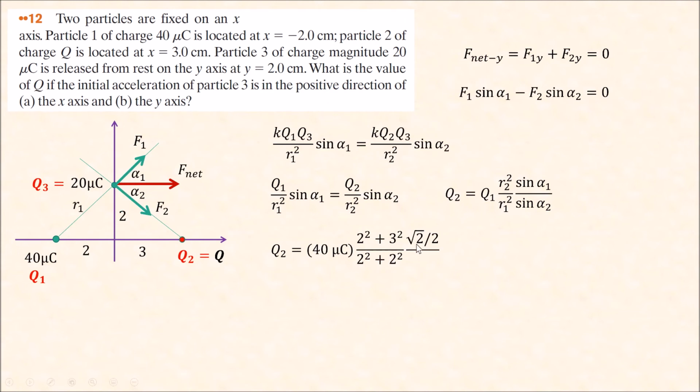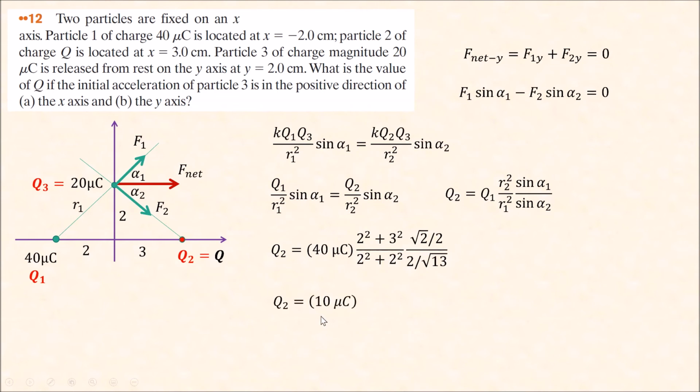So sine of 45 is the square root of 2 over 2. And sine of alpha 2 is this angle, alpha 2 and this angle are the same. Sine of this angle is opposite over hypotenuse. So it becomes 2 divided by square root of 13. So this becomes Q2. Now you see that these 2 goes in the denominator, makes a 4, but this 4 cancels out.